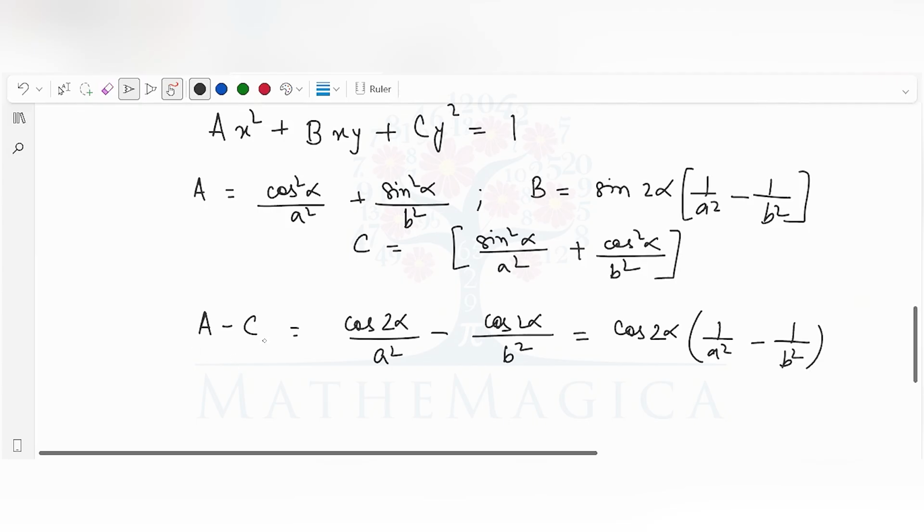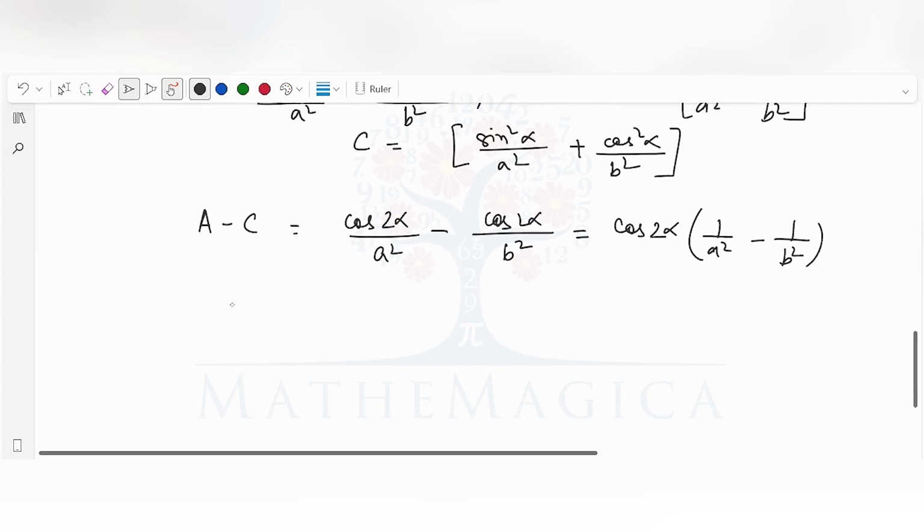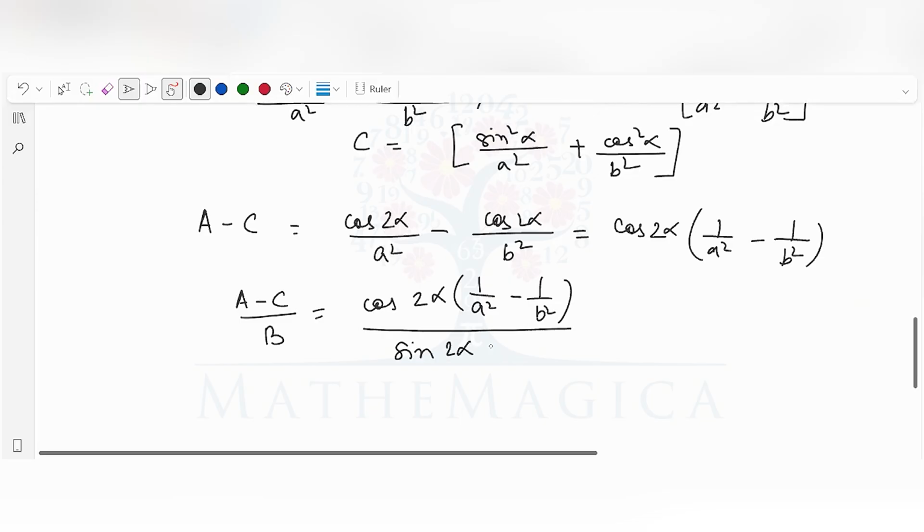Now, if we divide a minus c by b, we have cos 2 alpha times (1 by a squared minus 1 by b squared) divided by sin 2 alpha times (1 by a squared minus 1 by b squared). This part cancels out and we are left with cot 2 alpha.